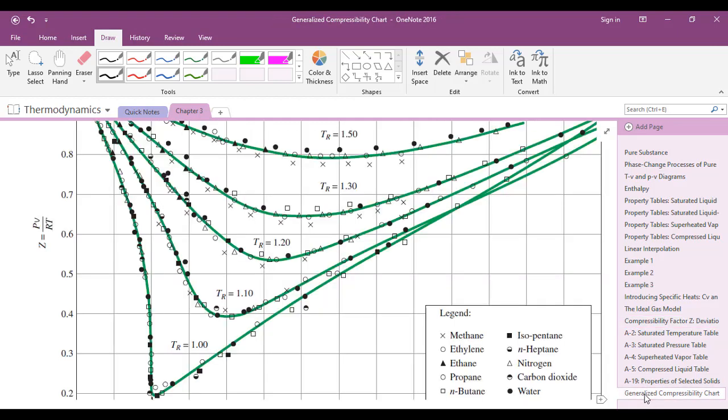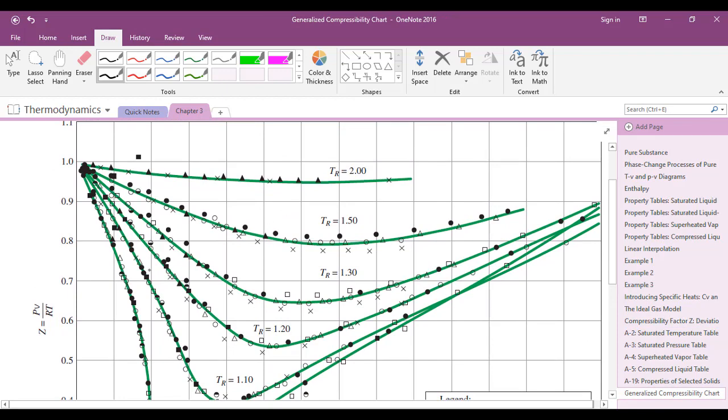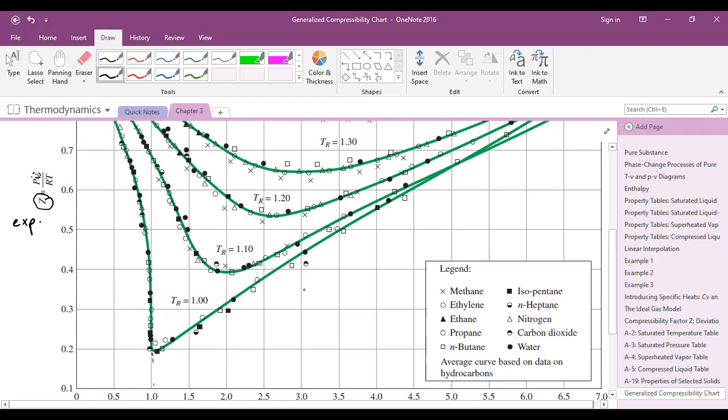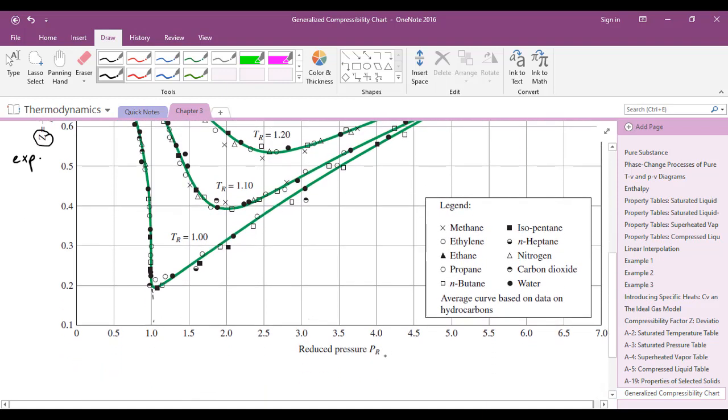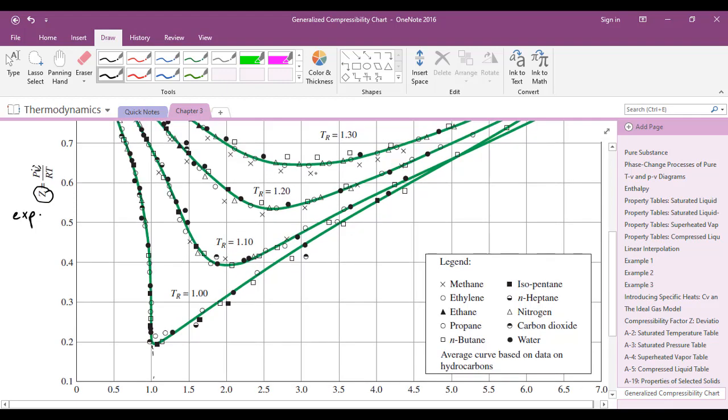So as we go to this graph, this is the general compressibility chart. In the y-axis we have the parameter Z, which is found experimentally by measuring the actual specific volume and dividing by the ideal specific volume, which is RT over P. And in the x-axis we have the reduced pressure, and Z is drawn for different values of reduced temperature.